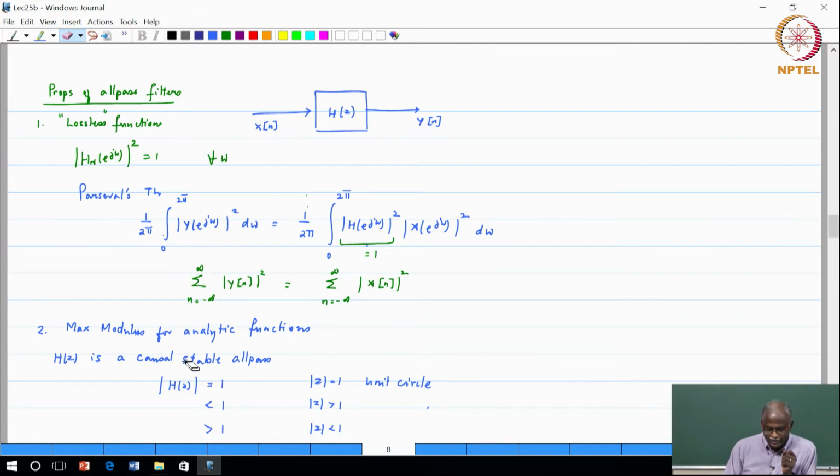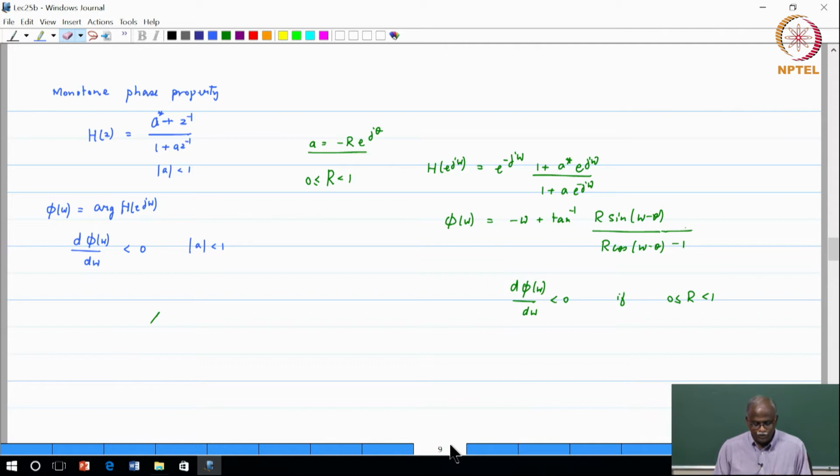The second one is the maximum modulus property, where the magnitude of H of e to the j omega is equal to 1 on the unit circle, less than 1 outside the unit circle, and greater than 1 inside the unit circle. Again, this is the property of analytic functions and the analytic extensions that we have done, but please take this as a result in case you have not studied the maximum modulus property in the study of complex variables.